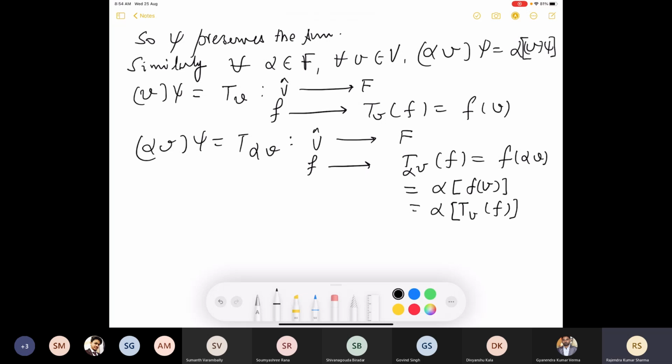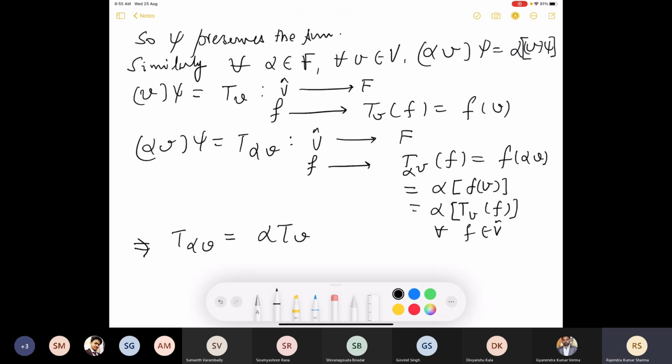And this is for every f in V hat. So that defines that T of alpha V is the map alpha TV. T of alpha V is alpha TV.